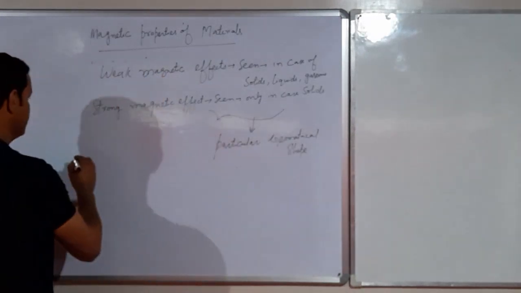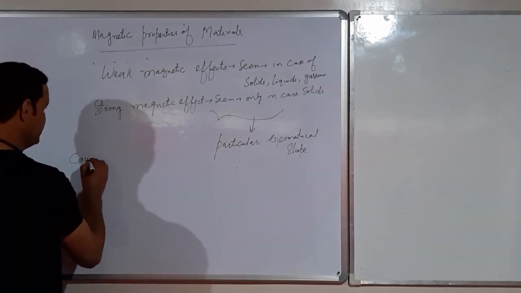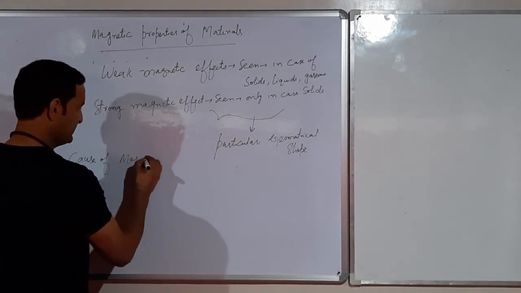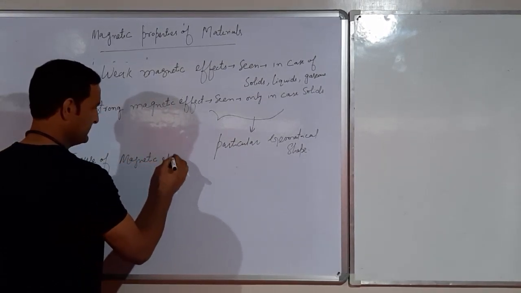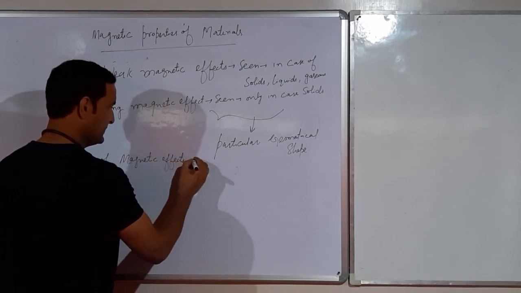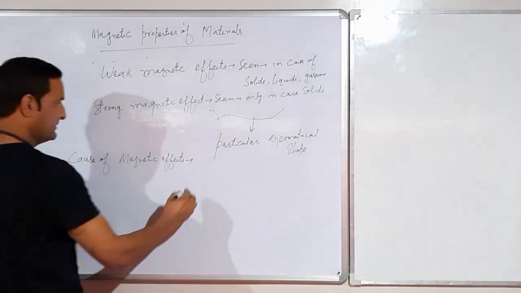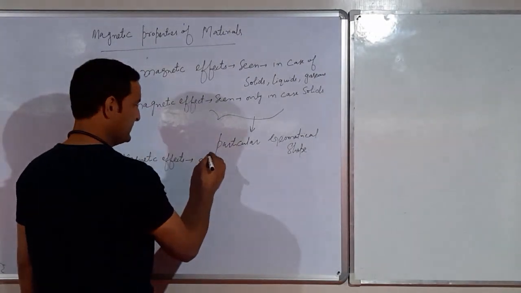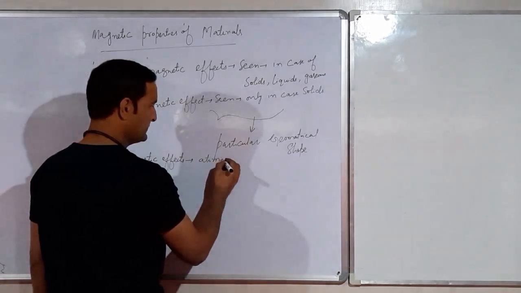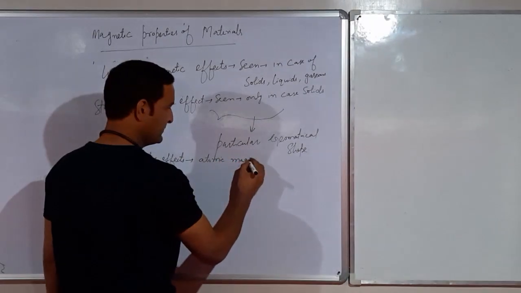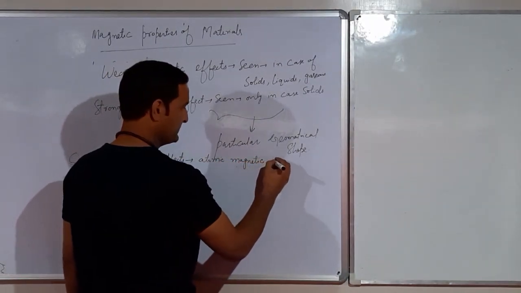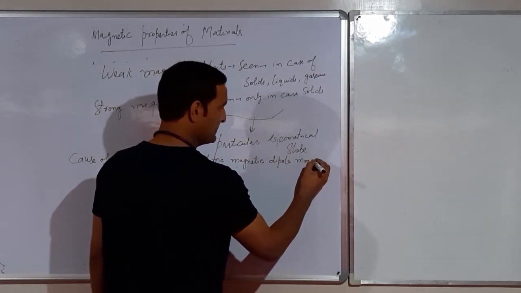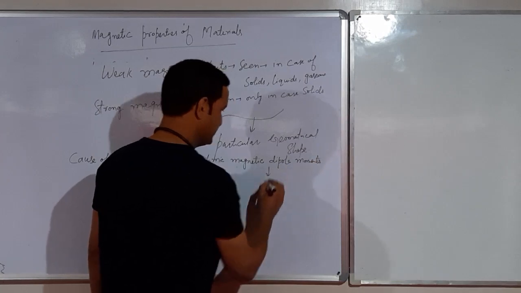So here you see, the cause of magnetic effects in materials is the presence of atomic magnetic dipole moments.